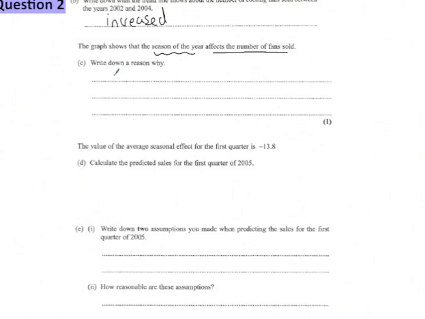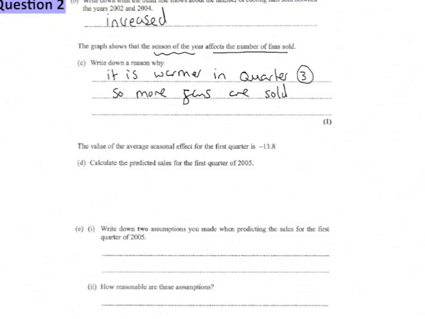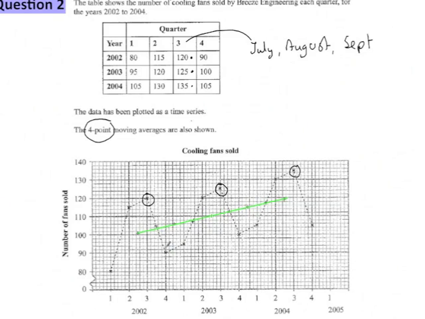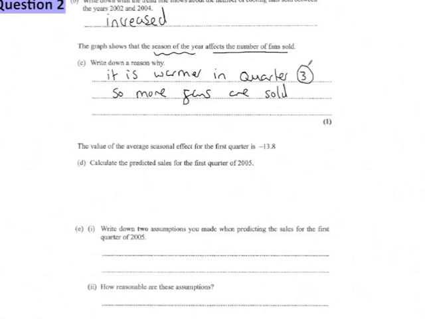So our answer here: it is warmer in quarter 3, so more fans are sold. Again, we can see here that in the winter, down here, we're looking at the smallest numbers, between quarter 1 and quarter 4 during the winter. So you might want to compare this. It's warmer in quarter 3, more are sold. In quarter 1 and 4, less are sold because this is during the winter time.